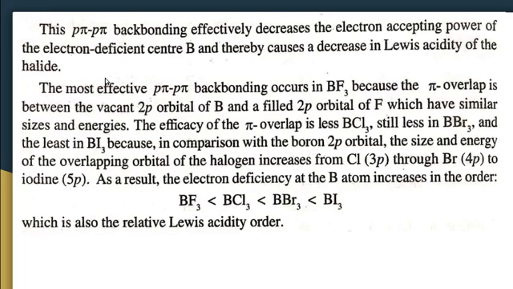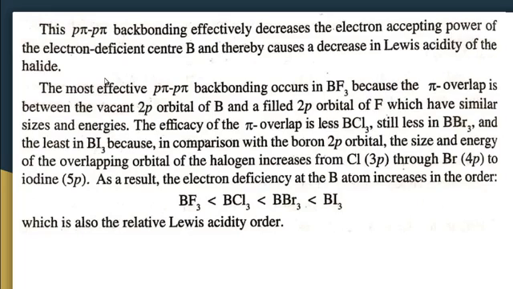That means we usually expect boron to be a highly electron deficient center in BF3, and it can accept a pair of electrons from a Lewis base. So it can act as a Lewis acid.